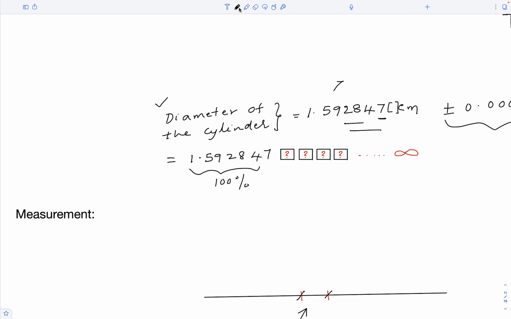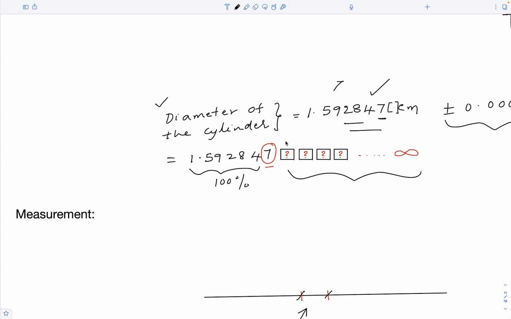And this is the estimated digit or the doubtful digit, and we know nothing about the values of the remaining digits in the diameter of the cylinder. That is what this measurement means.